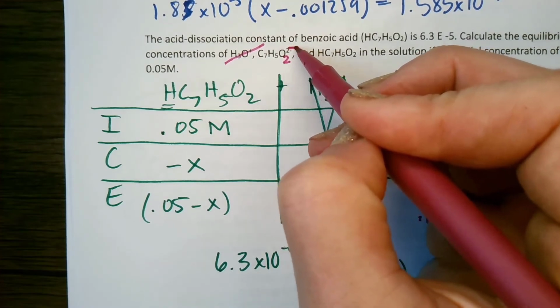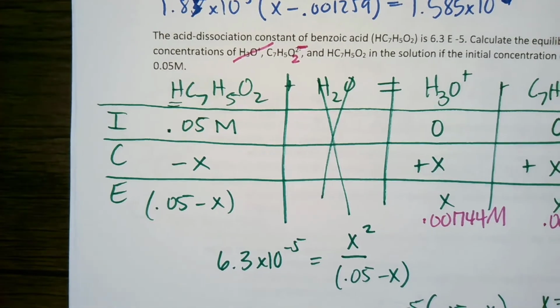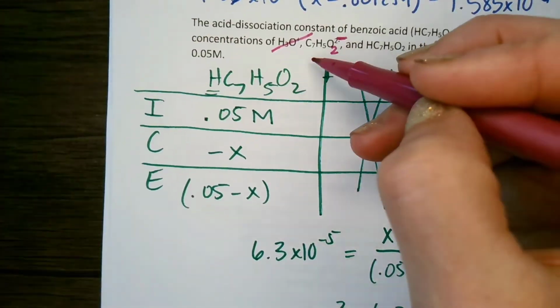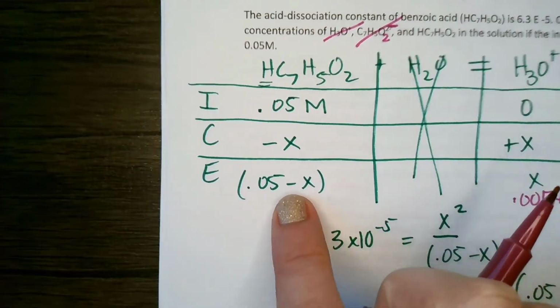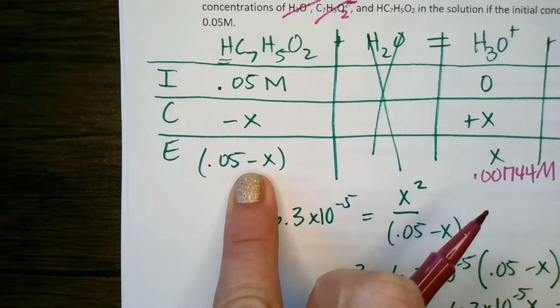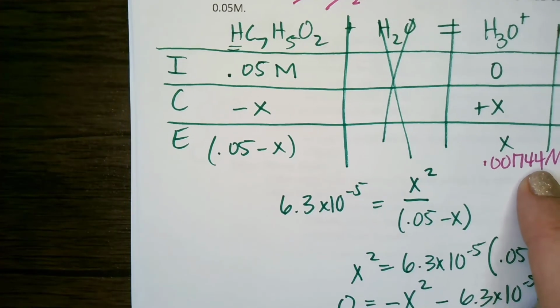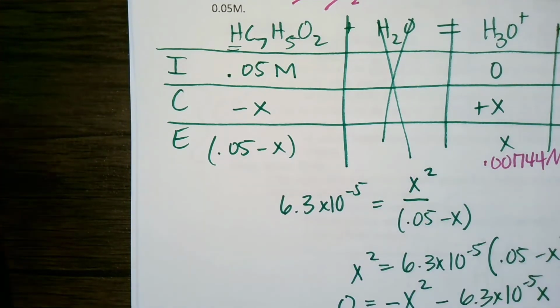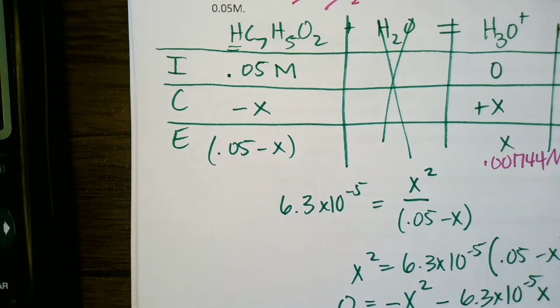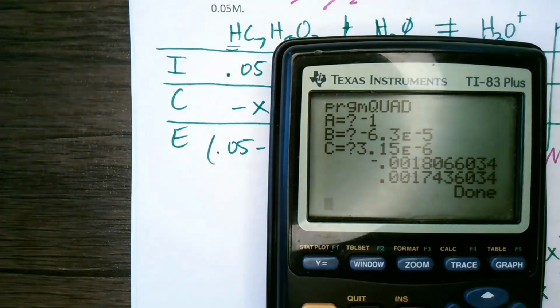This is a misprint here. Our C7H5O2, this should be a lower 2 with a negative 1 charge. So we've got that here. And then we need to find our concentration for our benzoic acid. So we need to plug that X into here.